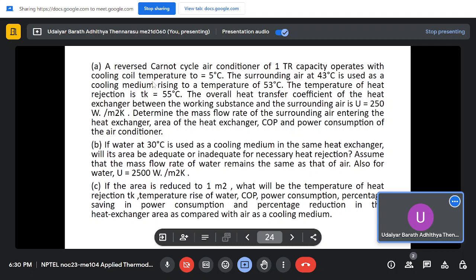The temperature of heat rejection is, sorry, in the condenser the air comes in at 43 degrees Celsius and goes out at 53 degrees Celsius, and the condenser temperature is 55 degrees Celsius. The overall heat transfer coefficient of the heat exchanger between the working substance and the surrounding air is 250 watt per meter square Kelvin.